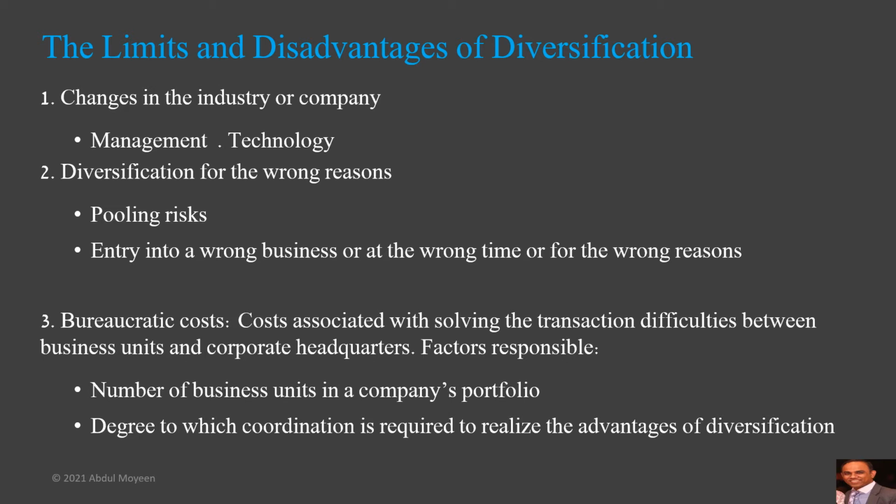and also between the company and its headquarters, as the company attempts to obtain the benefits from transferring, sharing, and leveraging competencies. For example, if company A uses company B's competencies, maybe as a marketing consultant, then how much is company A going to pay to company B? These are actually different business units under the same conglomerate, and there is a headquarters office.